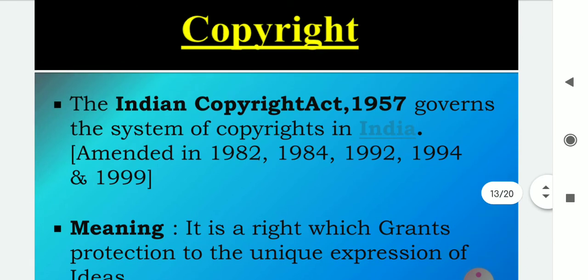Then copyright. The Indian Copyright Act 1957 governs the system of copyrights in India. The Copyright Act was amended in 1982, 1984, then 1992, 1994 and 1999. Amended means Sudharit, in Marathi Sudharit Kaida, related to the copyright, or some changes in the act as per convenience.